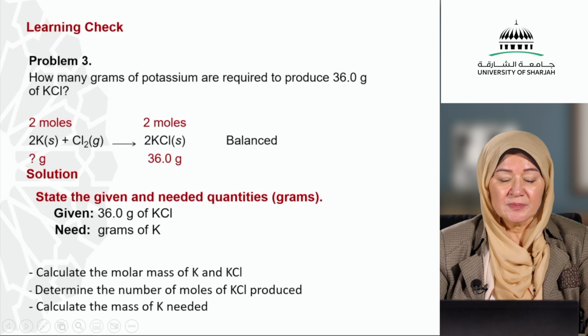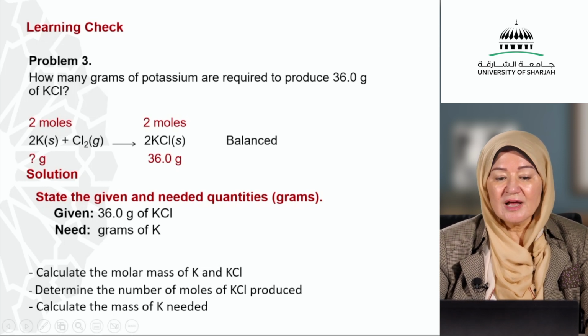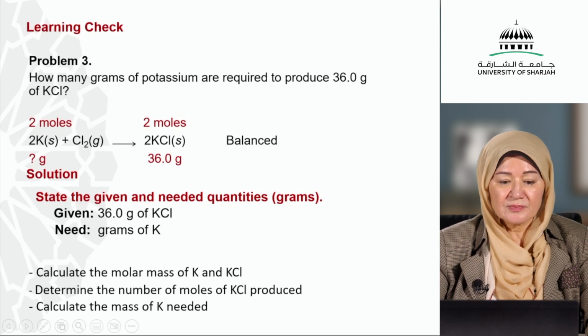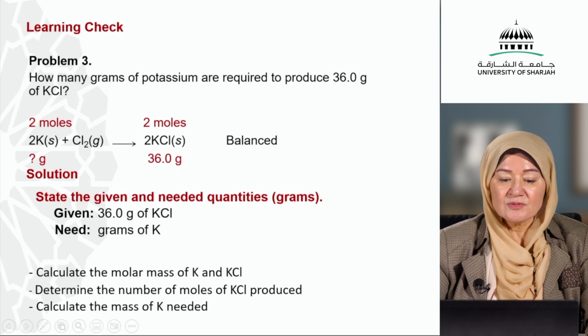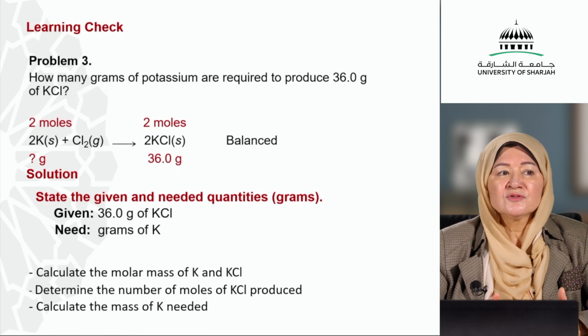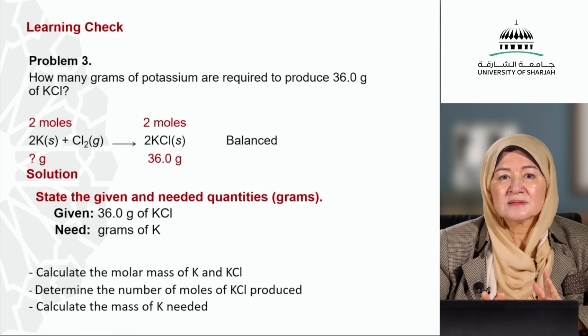Here they are asking, if I've got this many grams of potassium chloride in the product, how many grams of potassium did I start with? Therefore, the given is the product, whereas what I need, the grams of potassium, is the reactant.